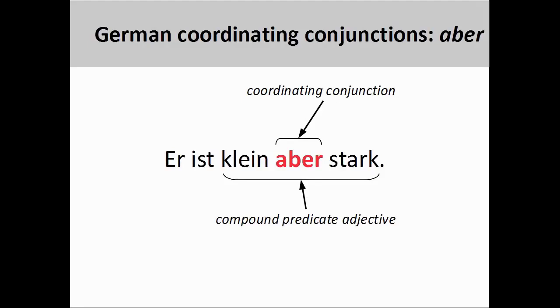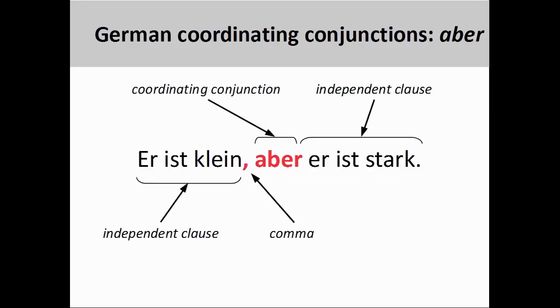The merging of these two adjectives creates the compound predicate adjective on the screen. Of course, the same idea could also be expressed in a longer sentence that relies on two independent clauses instead of a compound predicate adjective. Er ist klein, aber er ist stark. He is small, but he is strong.